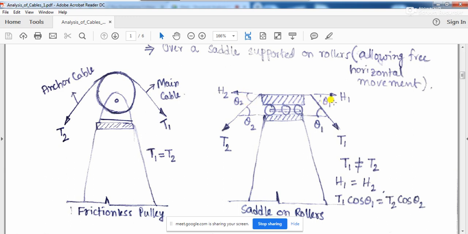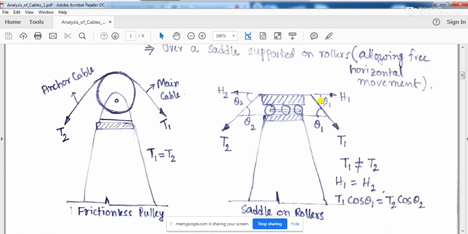There is a possibility that theta 1 will become equal to theta 2. It all depends on your anchoring mechanism and your cable suspension. However, if this theta 1 becomes equal to this theta 2, then T1 will also become equal to T2.